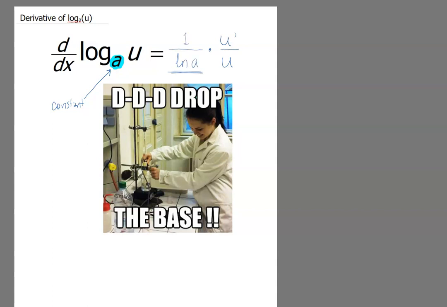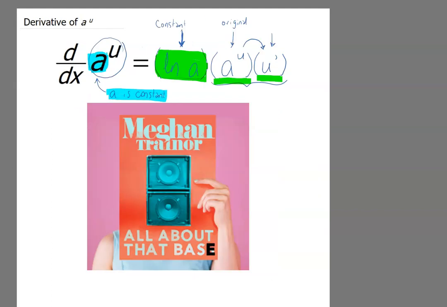And so the adjustment we make is this constant in front, 1 over natural log of a. So 1 over natural log of 5 or whatever it is. And again, I know I'm jumping around slides a lot, but bear with me. If we contrast that with our exponential, if my base was something weird on an exponential, then we multiplied by natural log of a.